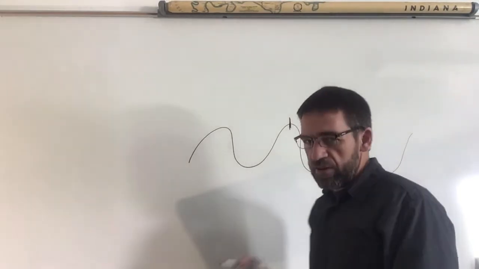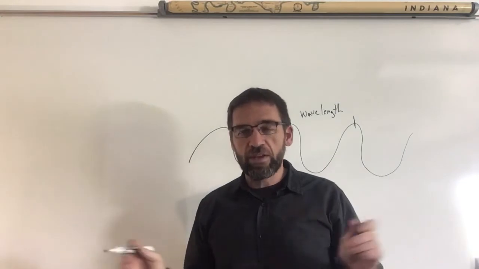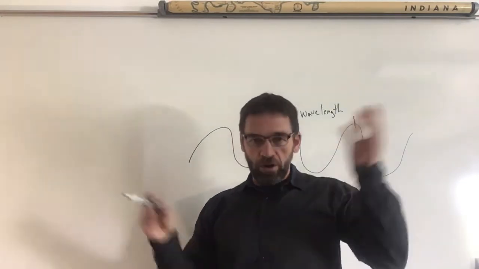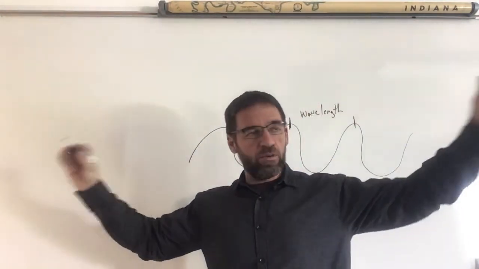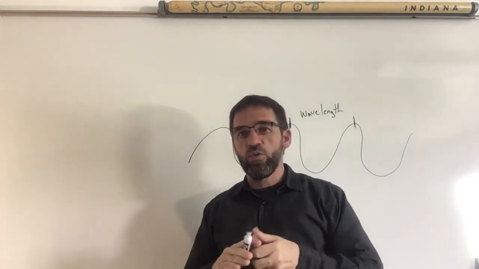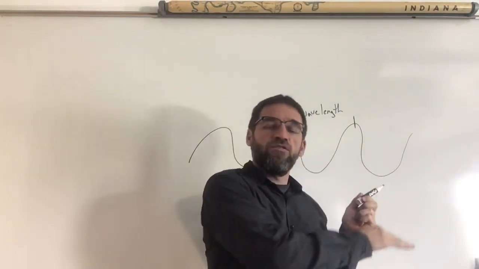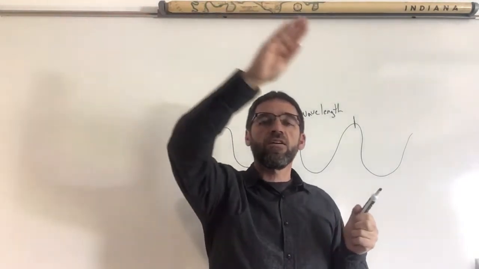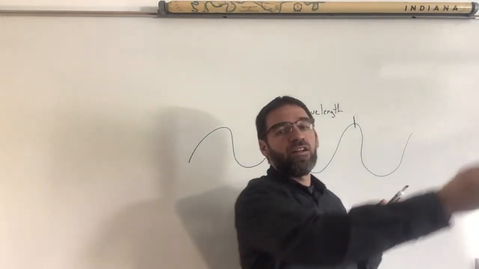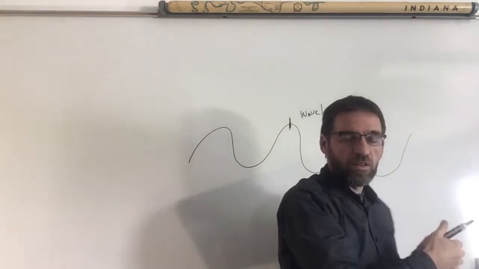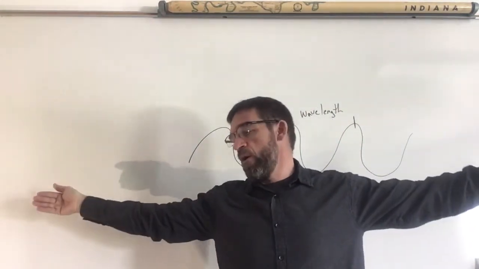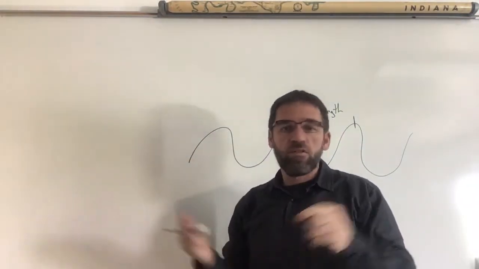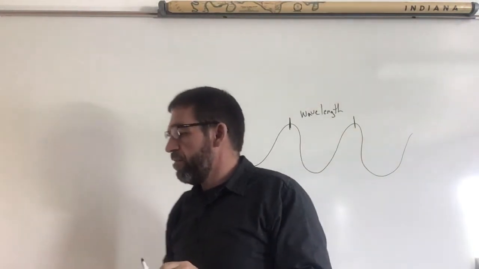And depending on what's making a wave, water, the wavelengths can be apart. You know how sometimes the waves come in just a little, real fast at the shore, and sometimes there's a big wave, and then it's another big wave, and they just come in far apart, but they're big. Sound is no different.